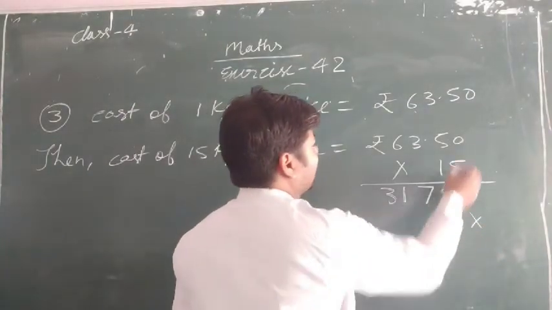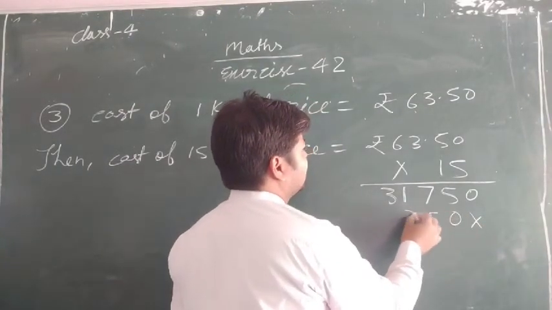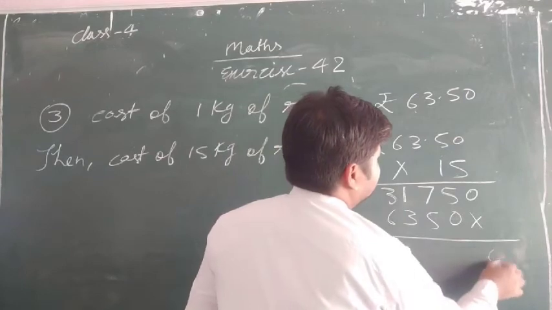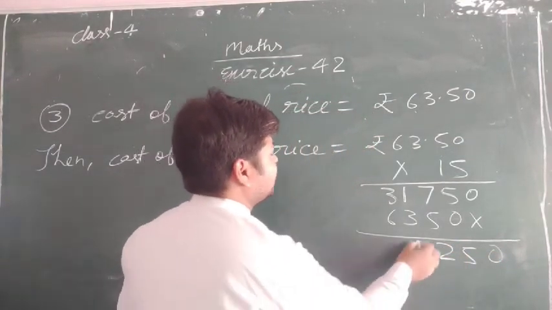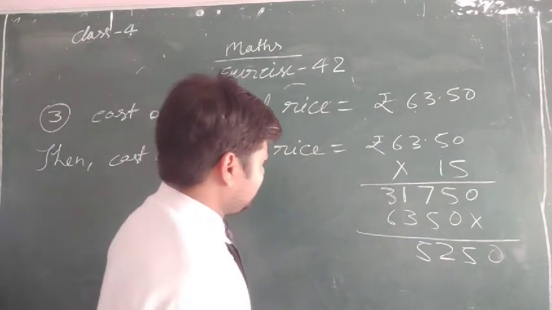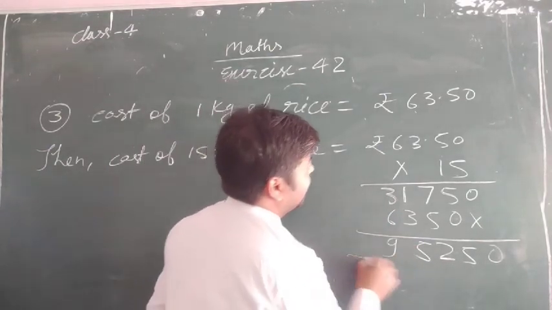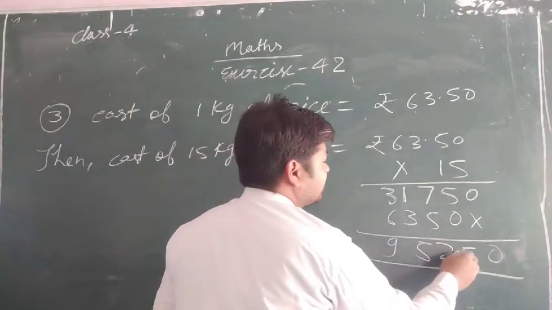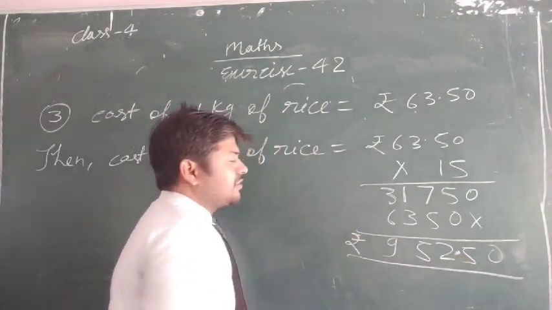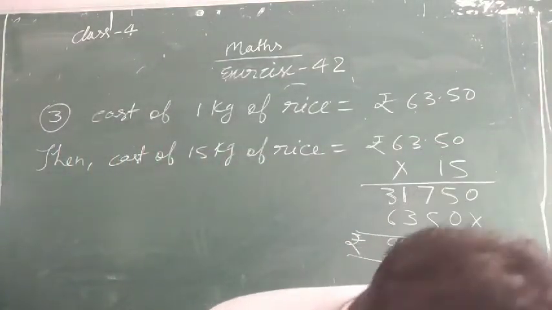Now by 1: 1 zero is 0, 1 five is 5, 1 three is 3, 1 six is 6. Add these numbers: 5, 7, 5, 12, 3, 1, 4, 1, 5, 6, 3, 9. And decimal at how many places? 2. So this is your answer, rupees 952.50.